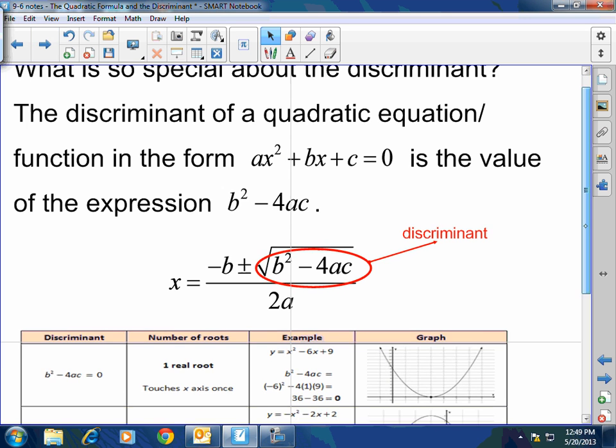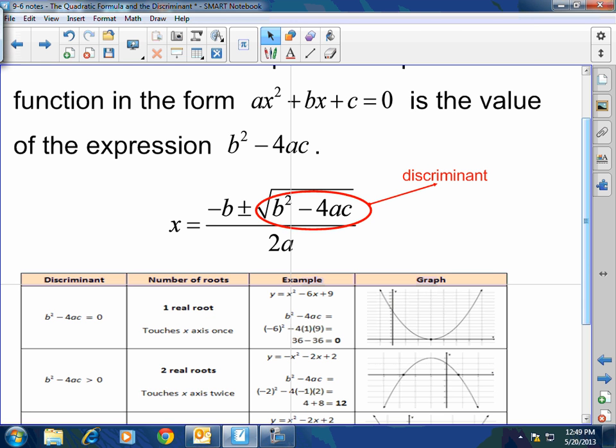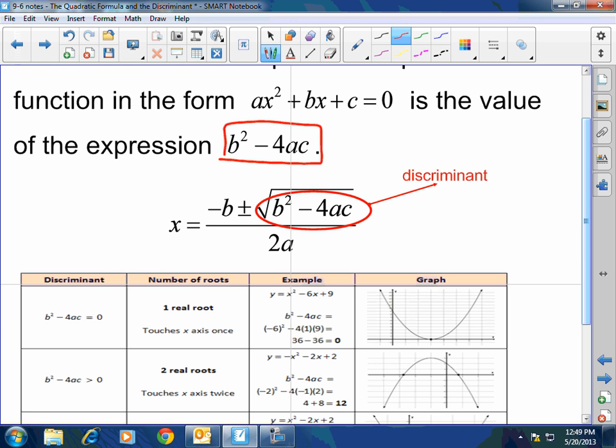That value is the discriminant. B squared minus 4ac. That alone is going to tell you whether you have 1, 2, or no real solutions. Okay? It's the radicand part of the quadratic formula. That's the discriminant.